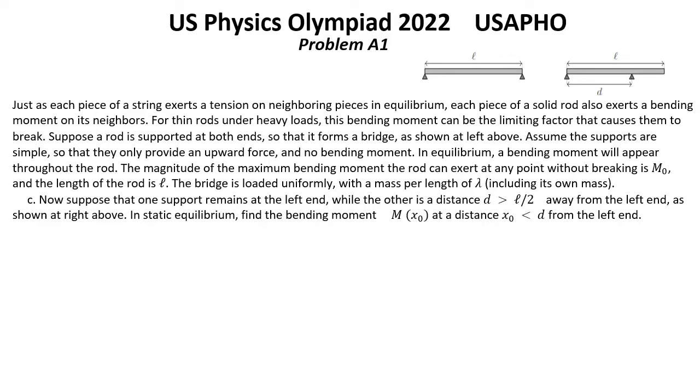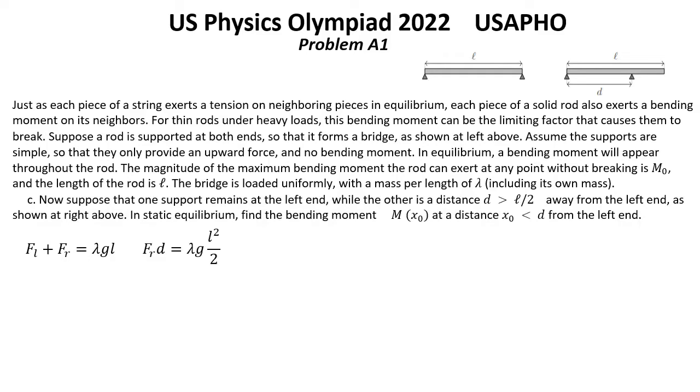Solution. Here, for static equilibrium, we need to equalize total force and total torques to 0. So, the total force from the right and left supports equals lambda g L. Now, let's count the torque around any point. Let's take the left support as the origin.